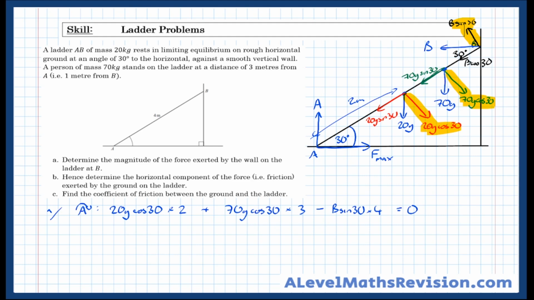So now, rearranging this, we get B sin 30 times 4 equals 20g cos 30 times 2 plus 70g cos 30 times 3.